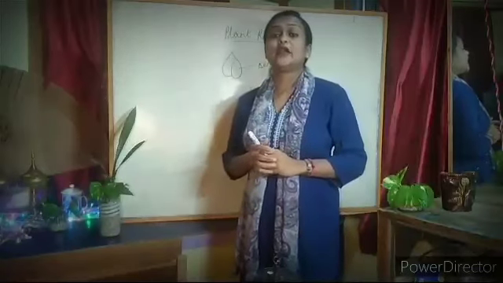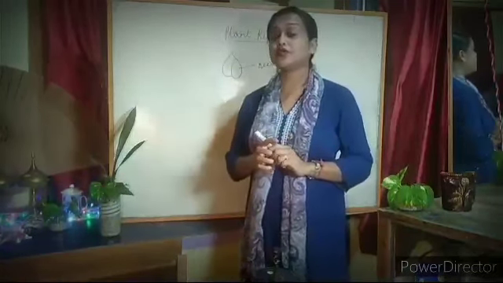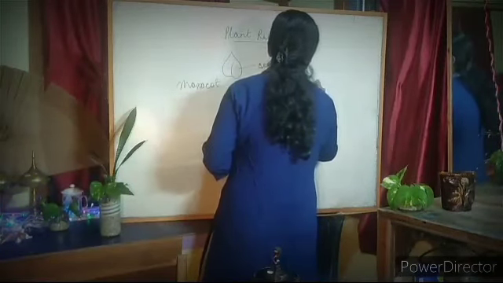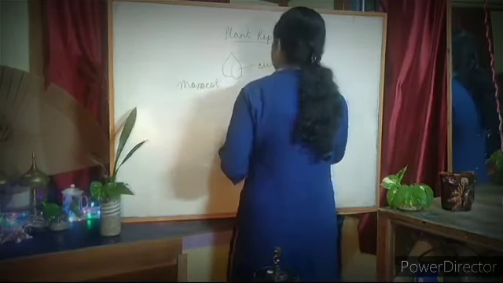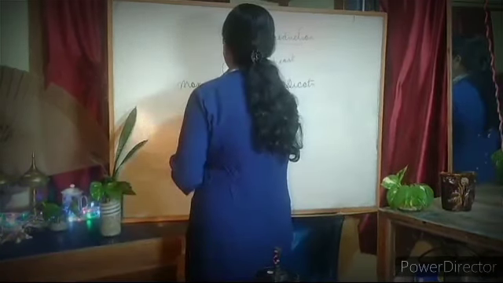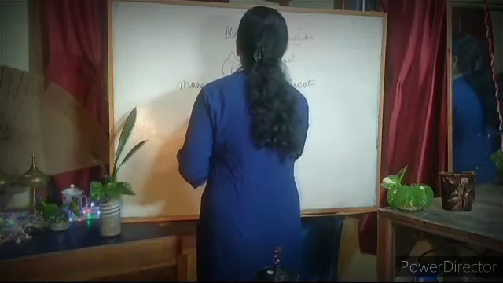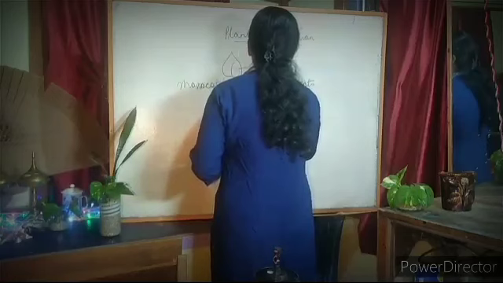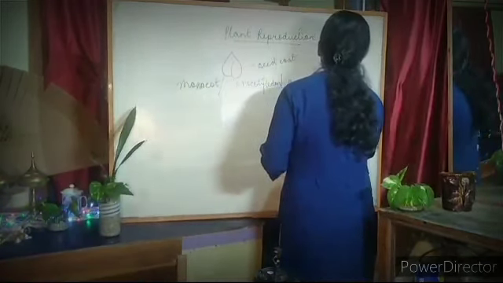Now next, basically seeds are of two types, monocot and dicot. Monocot is also known as monocotyledon, and dicot is known as dicotyledon.